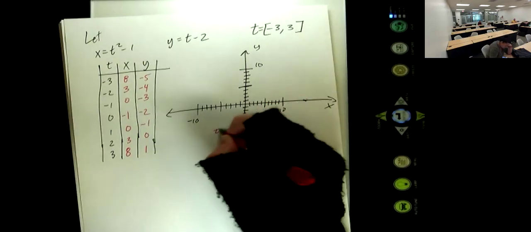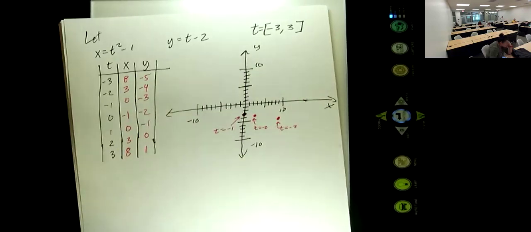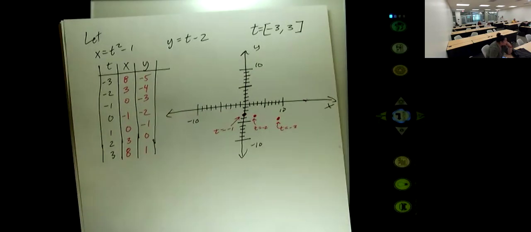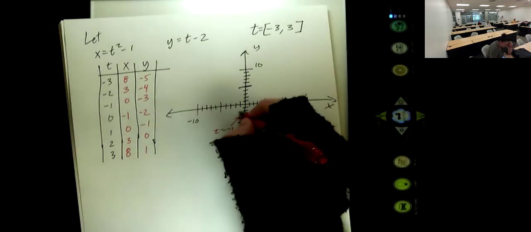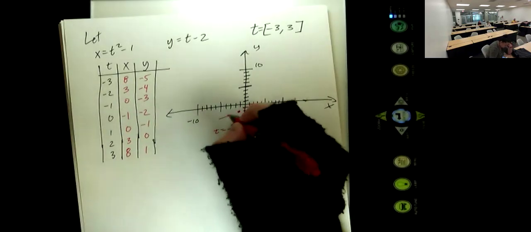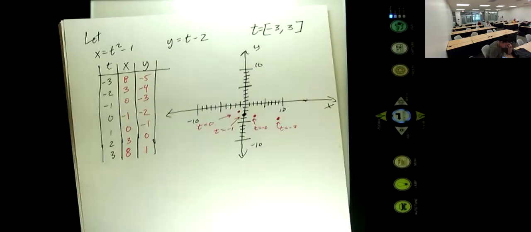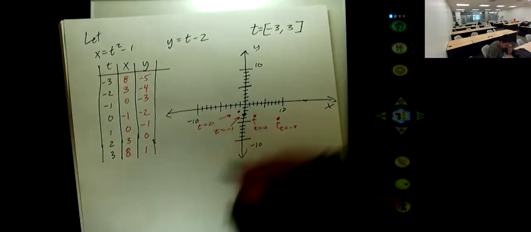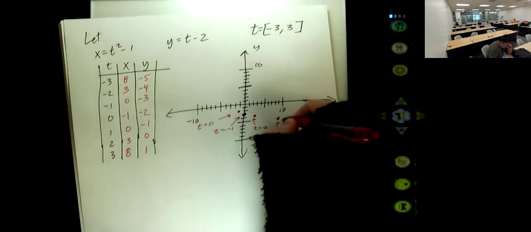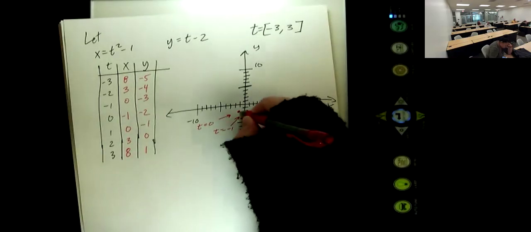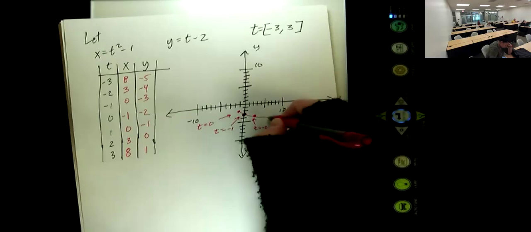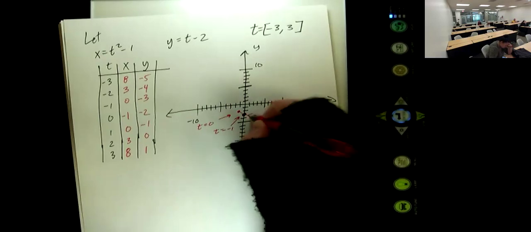That's t equals -1. And at -1, I have -2. So if I were to draw something along it, it looks like we're coming in like this right now. And the time is going this direction.